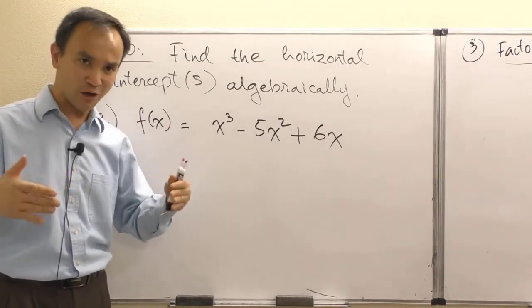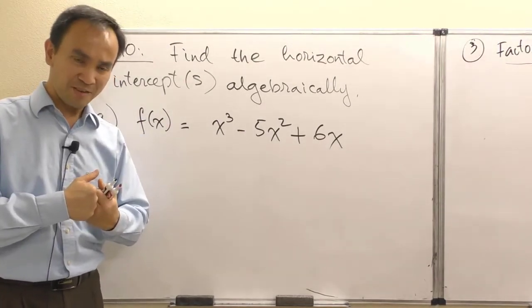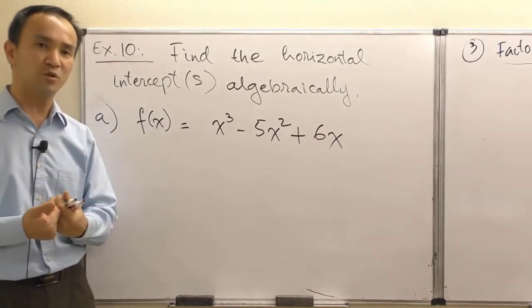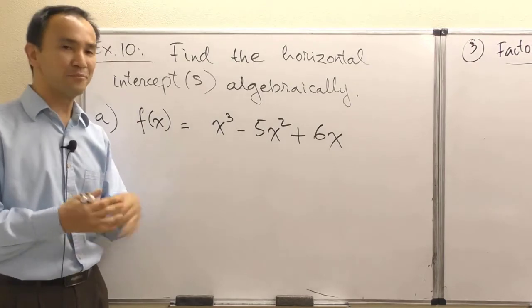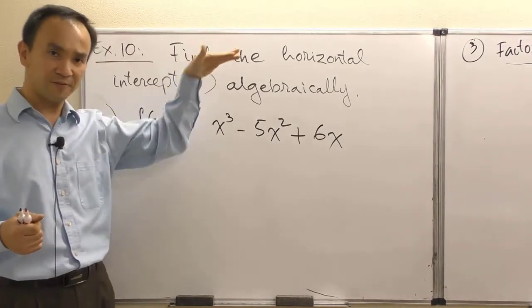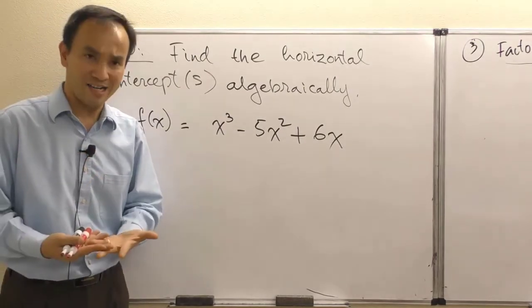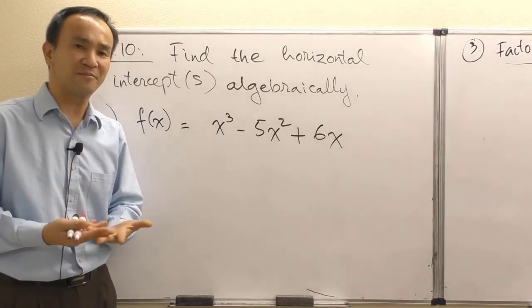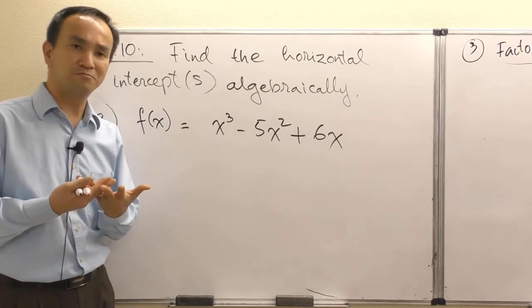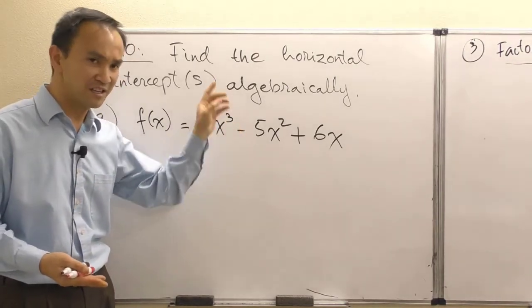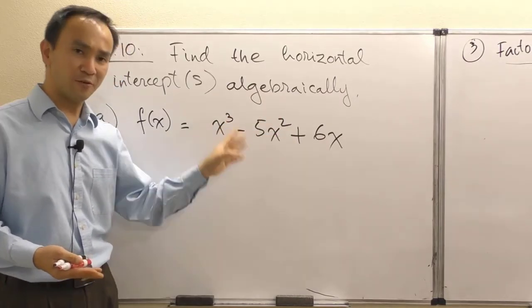Now back in example 8 where we only focused on the quadratic degree 2 polynomial, we got that solid technique that works anywhere. And we even had a way to check if our quadratic will fail to have factor form. But here, when we're at degree 3 and above, this is the reason why there are people who are PhDs in this kind of work, finding horizontal intercepts for a polynomial.